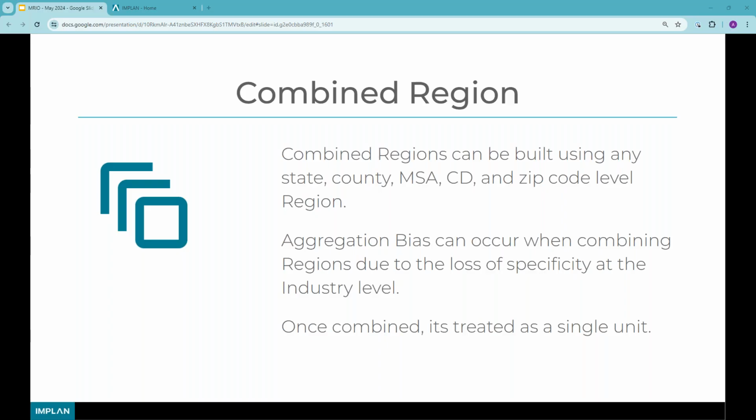However, once combined, the region is treated as a single region. So if you were to combine the states of North Carolina, South Carolina, and Georgia into one combined region, it is still going to be a single region analysis. It only becomes an MRIO analysis if you've linked each individual region up in the project, meaning you have a group for North Carolina, a group for South Carolina, and a group for Georgia.